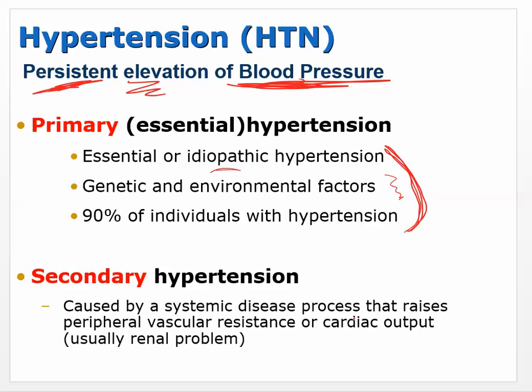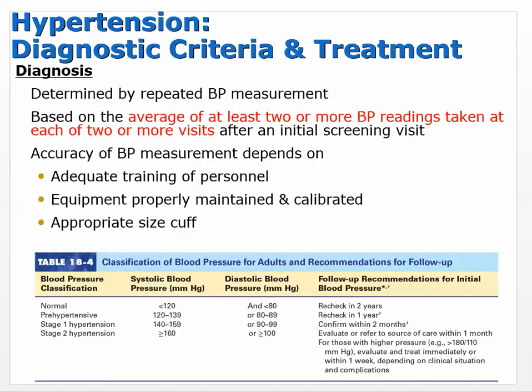Secondary hypertension caused by a systemic disease process that raises peripheral vascular resistance, raises PVR or cardiac output, and this is usually a renal problem. Okay, so that's what we just mentioned. Secondary hypertension is usually some kind of a renal problem, which doesn't allow your blood pressure to be regulated properly. Okay, because a lot of blood pressure regulation happens in the kidneys.